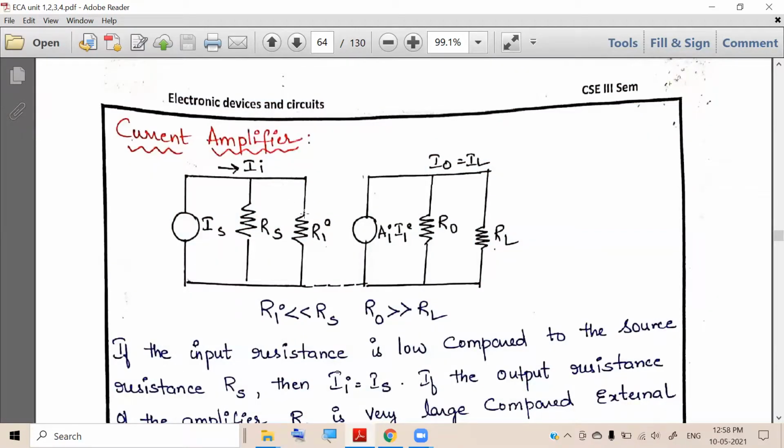Why? Because it is this current which is reflected on the other side, the current through RI.